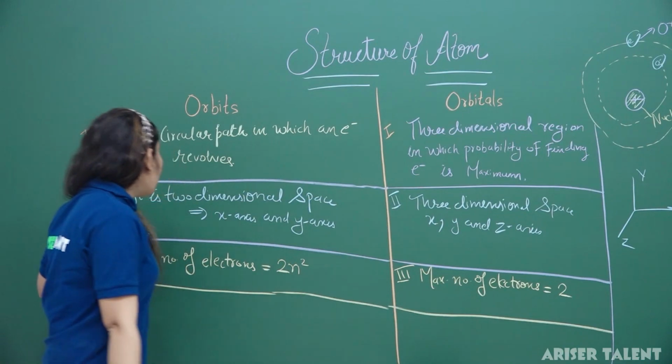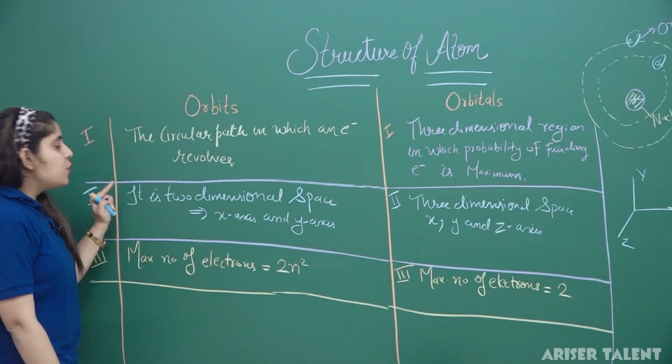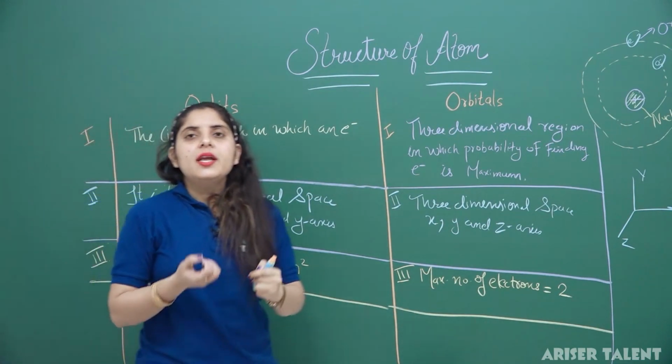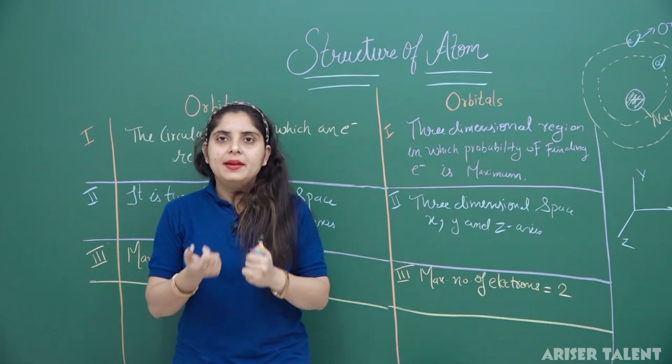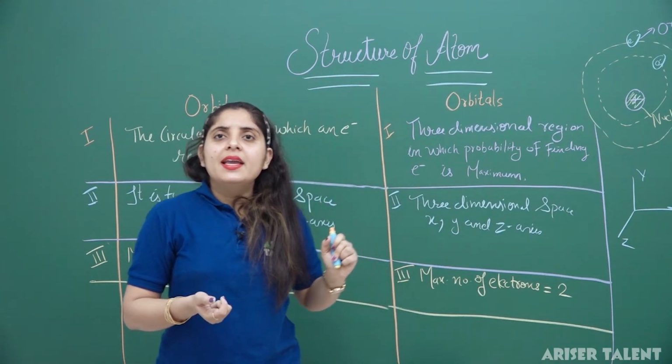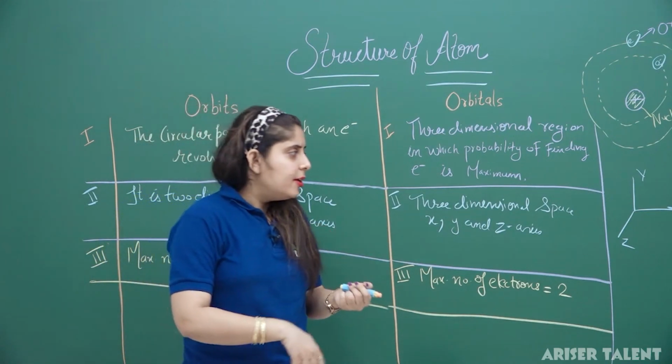Now, if I talk about the fourth term, in case of an orbit, the position and momentum of the electron can be identified, and it is against Heisenberg's uncertainty principle.